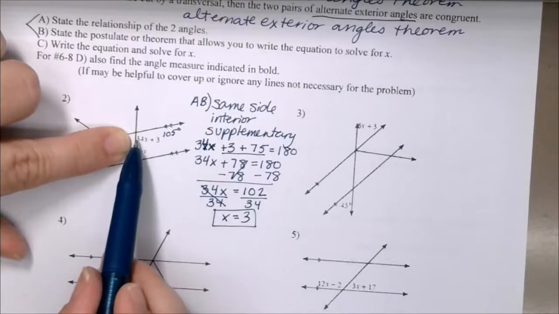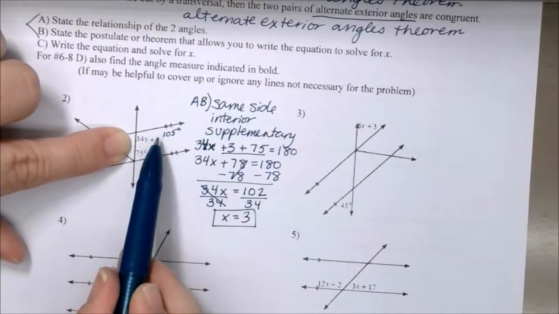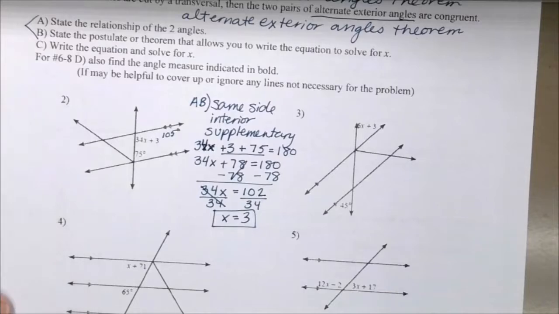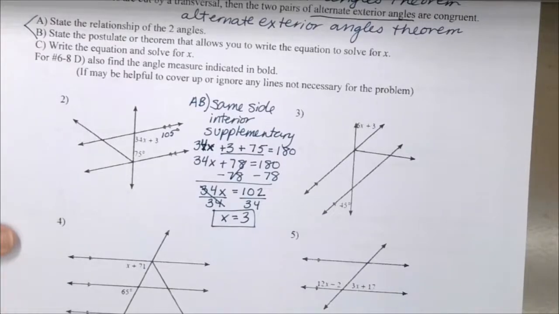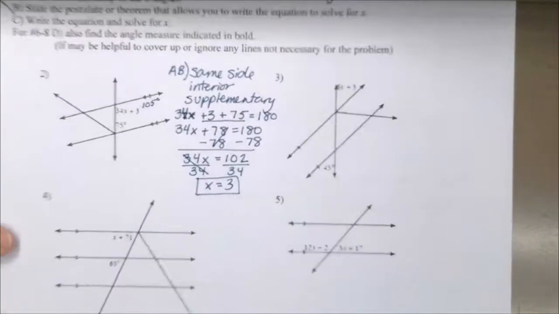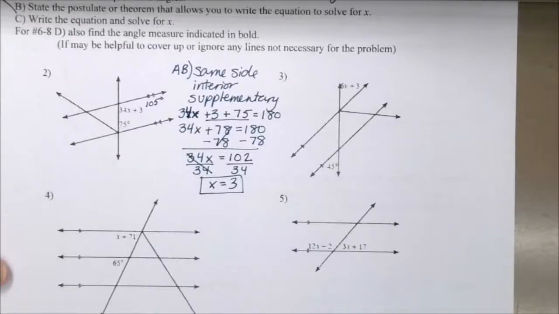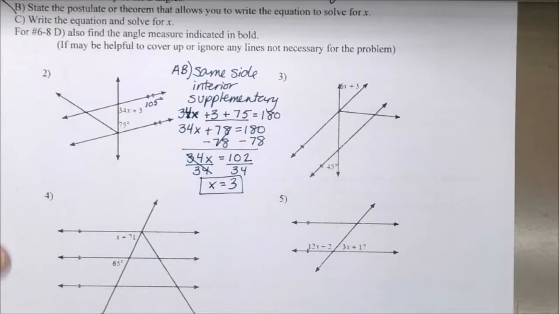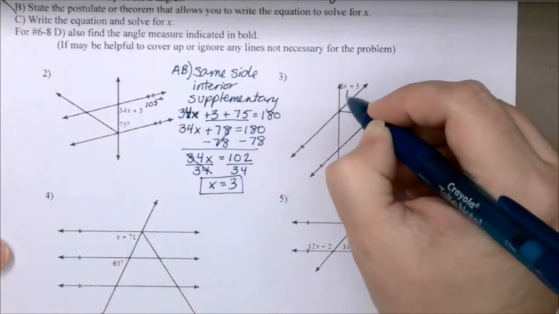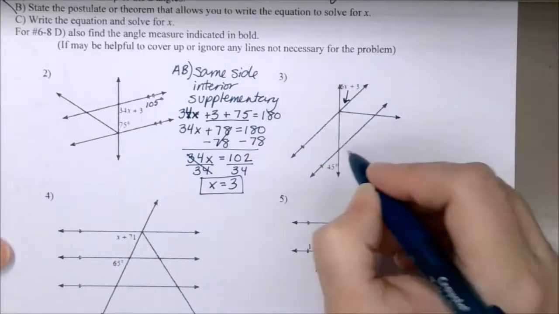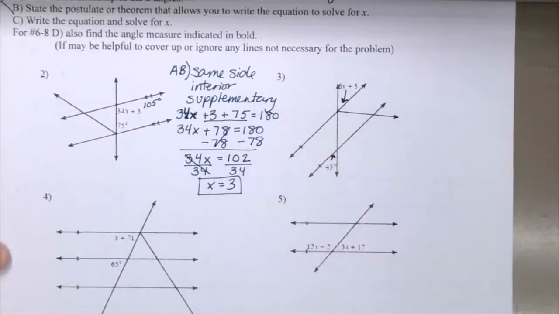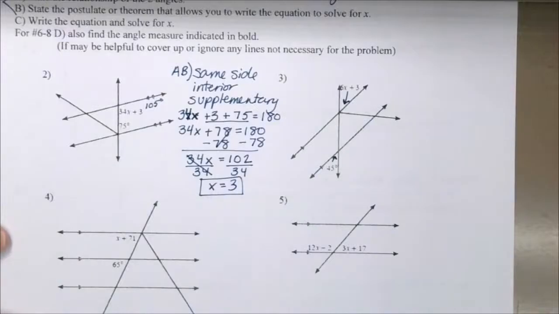For the first part of my answer, I'm going to say alternate exterior. And what are alternate exterior angles? Are they congruent or supplementary? So alternate exterior, and I'm going to put the little congruent symbol, because that's how the equation is going to look. That's part C.